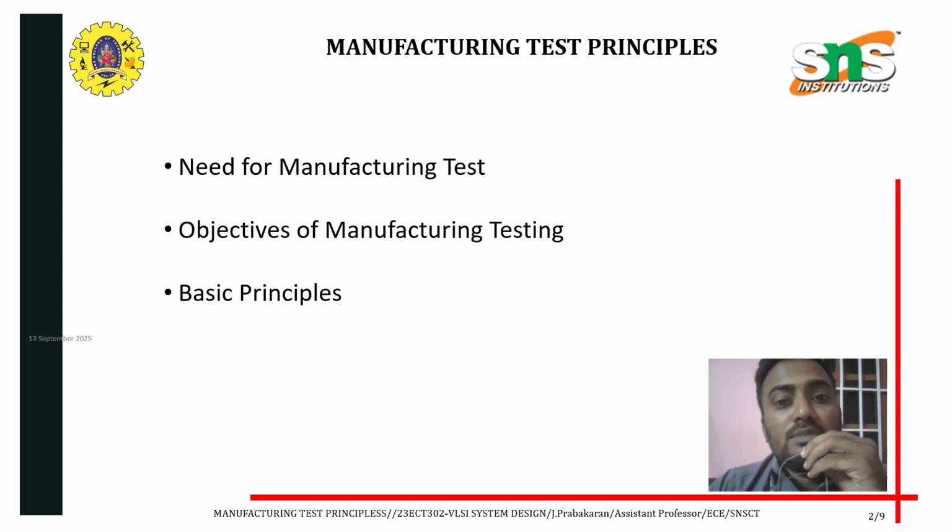And the main objectives of manufacturing test are: defect detection, which is to identify chips with faults caused by fabrication errors; quality assurance, to guarantee correct operation under specified conditions; yield enhancement, to provide feedback to manufacturing for defect reduction; and cost control, to reduce the cost of test while maintaining high fault coverage.